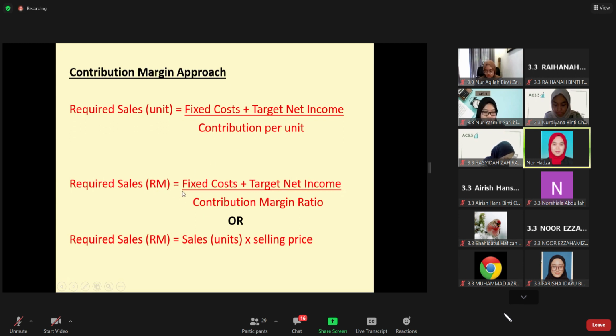To get the required sales amount, it is the same: fixed cost plus target profit divided by the contribution margin ratio. Or the shorter way, if you are sure that the sales quantity is correct, you can straight away multiply it by the selling price to get the required sales in value.